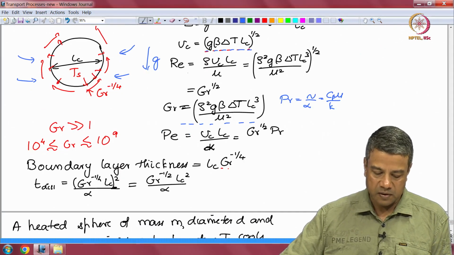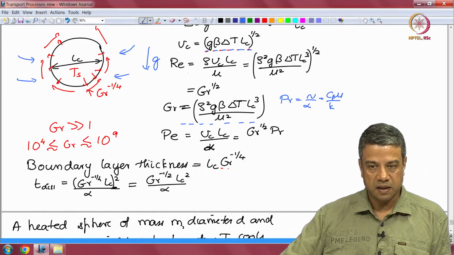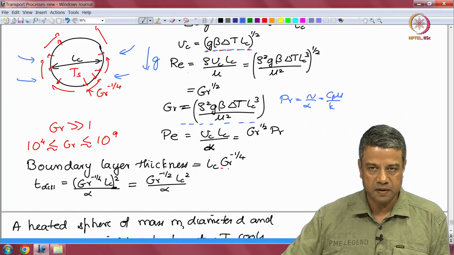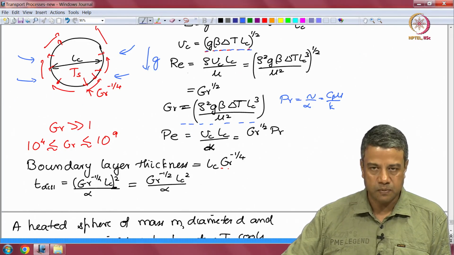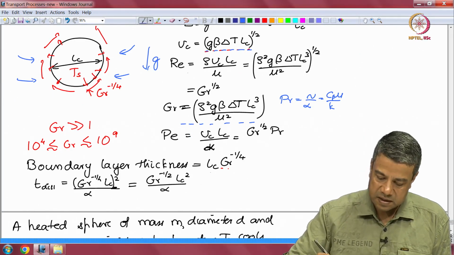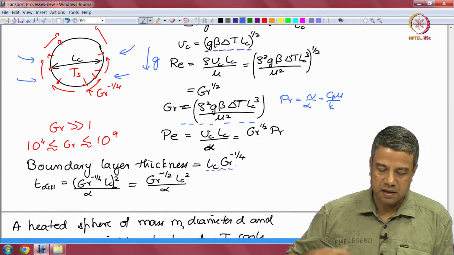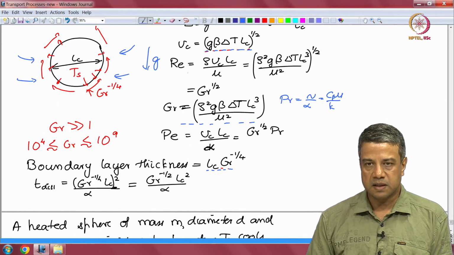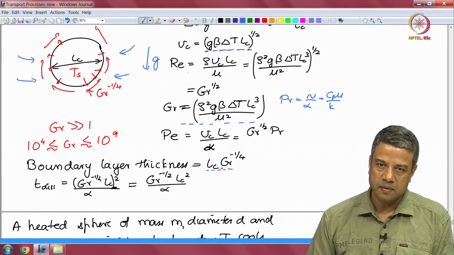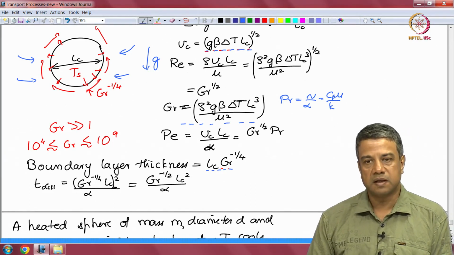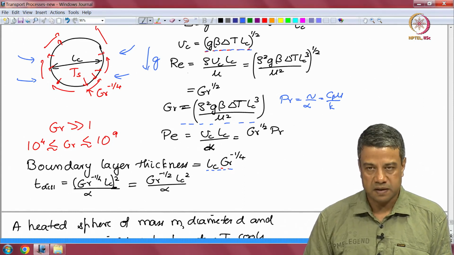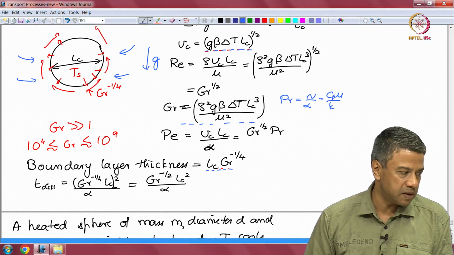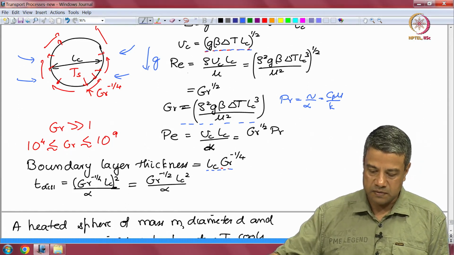In this case, the boundary layer thickness, the thickness over which there is a disturbance to the temperature field due to the presence of the sphere and consequently an upward velocity, scales as the characteristic length times Grashof number power minus 1/4, which is why the Nusselt number scales as Grashof number power plus 1/4. Typically, the Nusselt number will be inverse of the diffusion length. So, the Nusselt number scales as Grashof number power plus 1/4 times a function of Prandtl number.